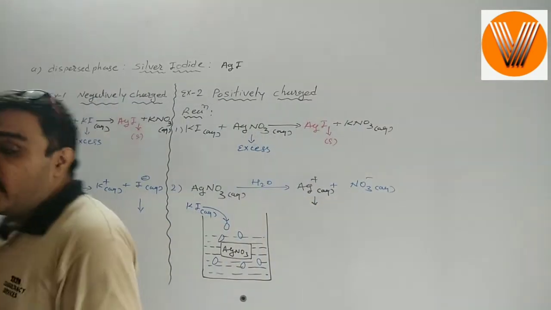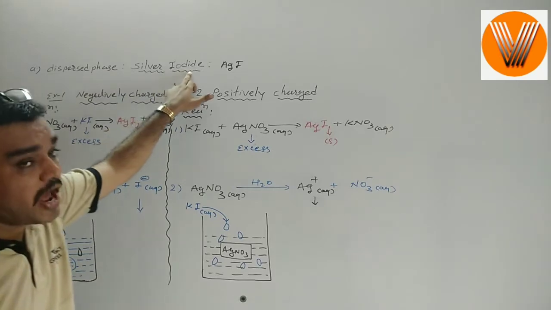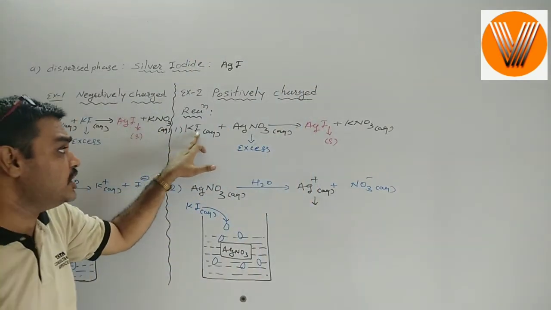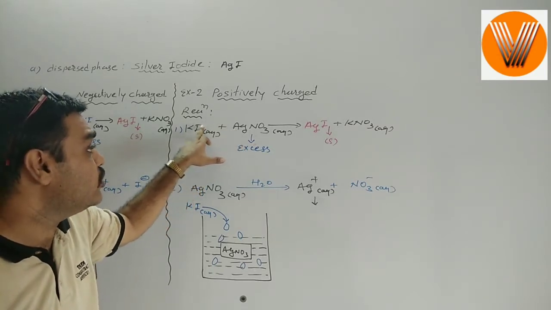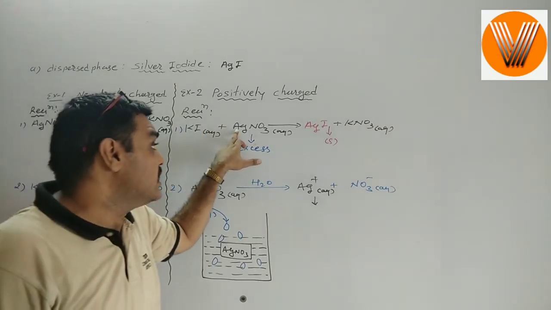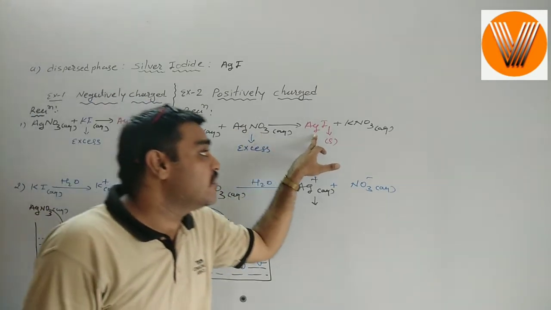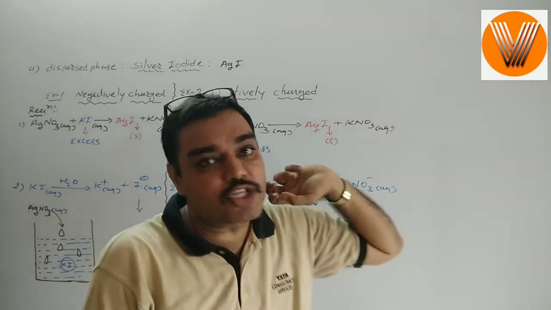As an example, we will take silver iodide as the dispersed phase, which is formed by the reaction of a very dilute aqueous solution of potassium iodide with a very dilute aqueous solution of silver nitrate. It forms silver iodide precipitate with KNO3 aqueous solution.